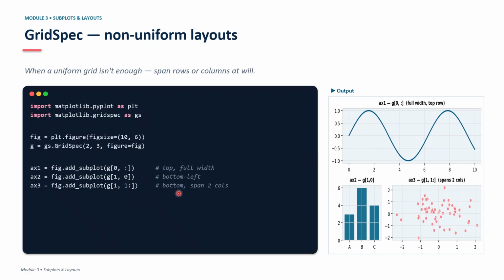It creates a perfect uniform 2 by 3 grid where each panel is of the same size, right? But what if you want a wide summary panel on the top spanning all 3 columns with 3 detailed panels below? This is not going to be a uniform grid, right? It can be done with GridSpec. So you can make a non-uniform layout with the help of GridSpec.